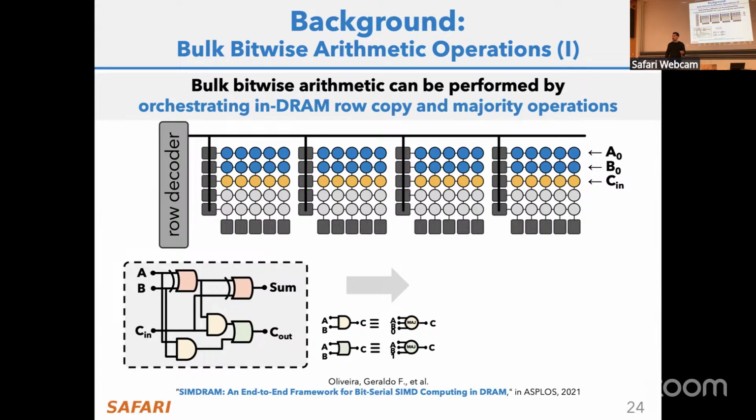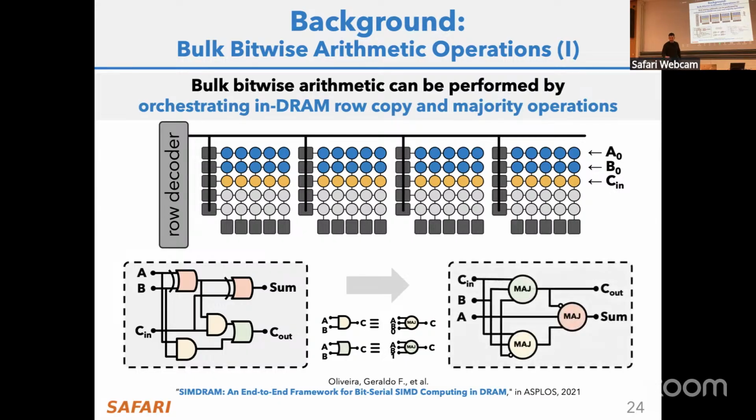So what we propose in SIMDRAM is to first get the Boolean circuit that can implement the operation that you want to do. So in this case, a ripple carry adder here, and then using some equivalences, you convert this circuit into the same circuit, but one that only contains majority and NOT primitives.